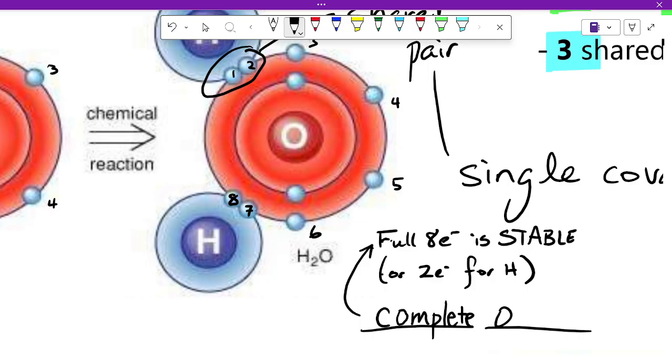Yes, you're right. So the whole point of covalent bonds is to get a complete octet, or 2 for hydrogen.